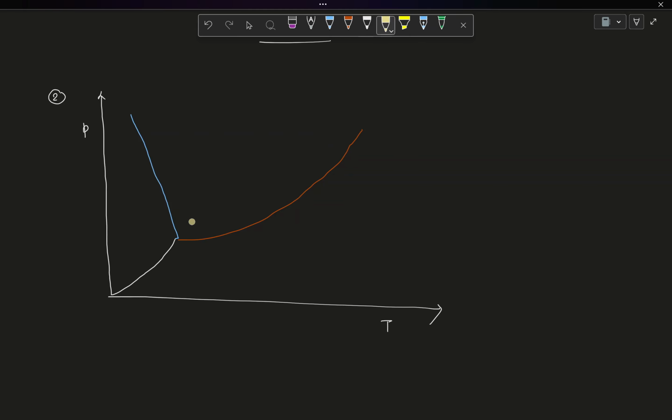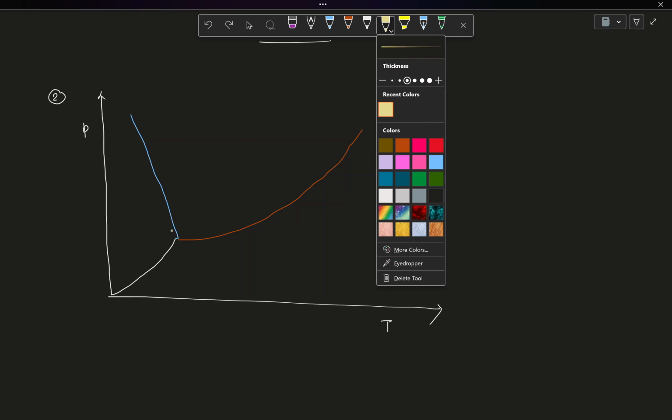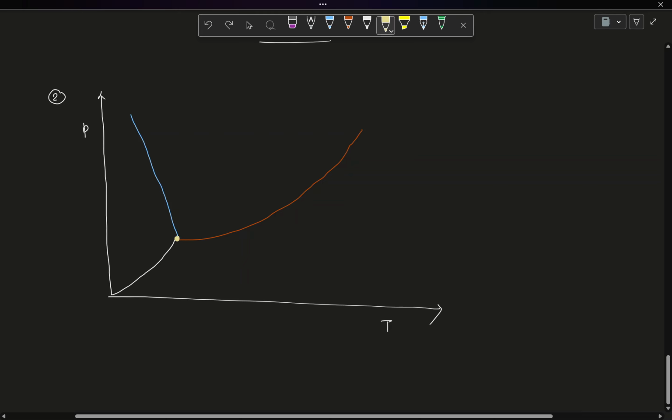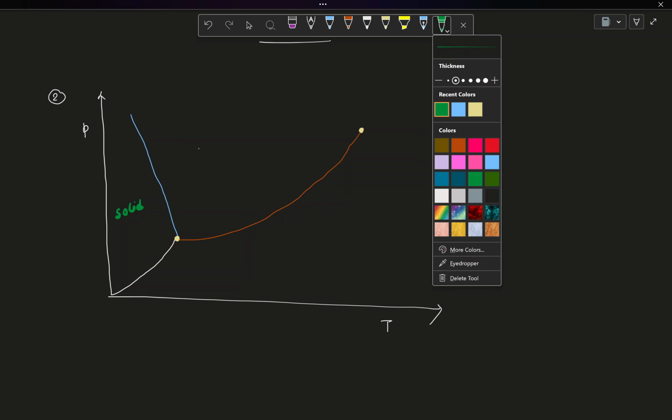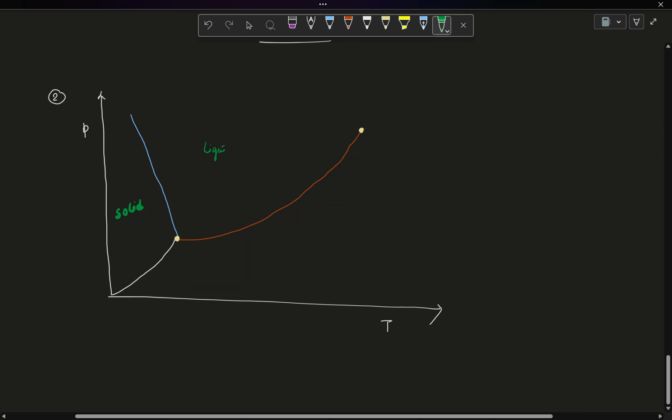Here there is a point. Yeah, it has become a lot bigger than I expected. This is a point, and here also there will be a point. Now let me define the different things. First of all, this is your solid phase, this is your liquid phase, and this is your vapor phase.